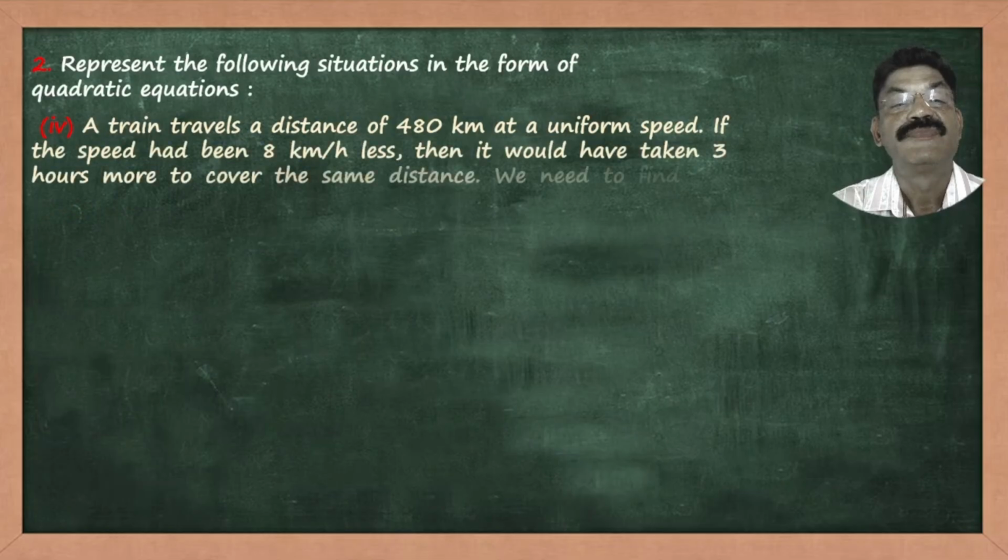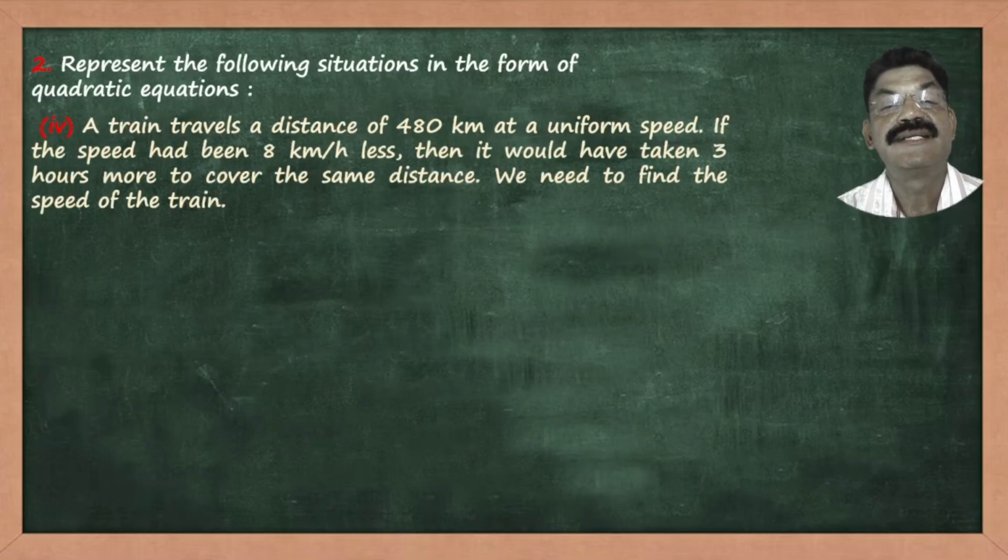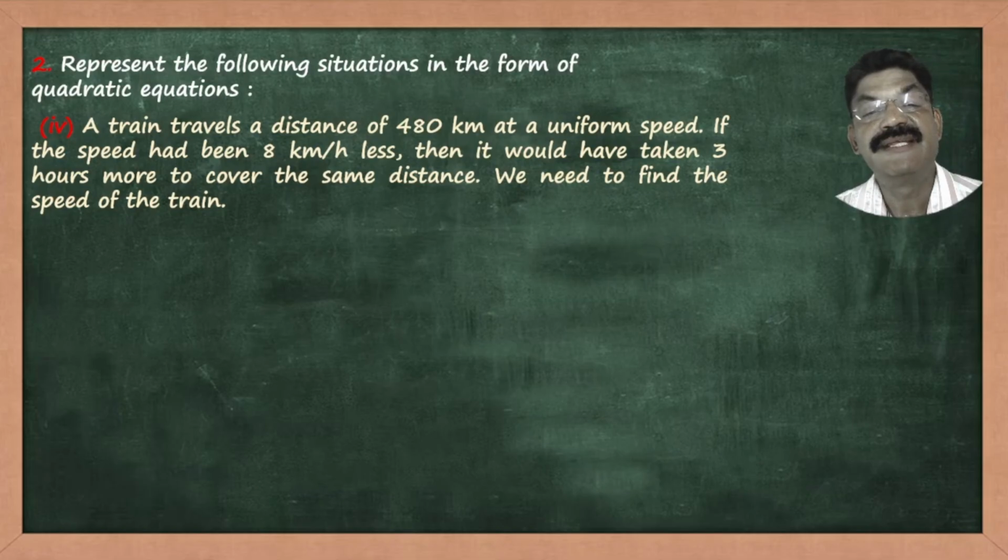Fourth problem. A train travels a distance of 480 km at a uniform speed. If the speed had been 8 km per hour less, then it would have taken 3 hours more to cover the same distance. We need to find the speed of the train. Read the problem carefully. A train travels a distance of 480 km.